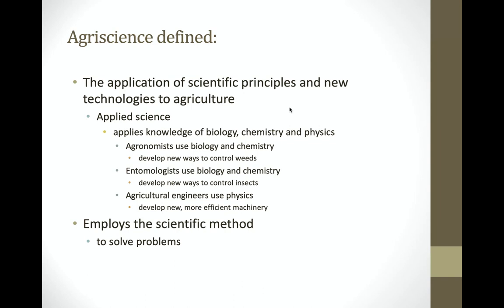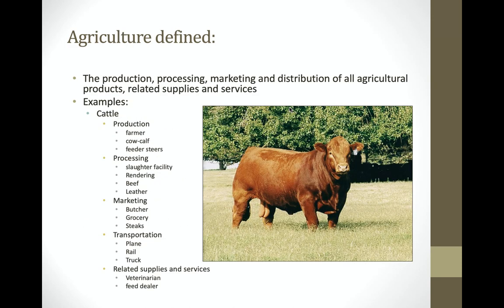So it's kind of like an agricultural science specialty whenever you're looking at these applied sciences. Agri-science is also going to use a scientific method to help solve problems. Anybody that thinks that agriculture is not technologically advanced is for sure missing the boat, because it is definitely a pretty advanced science.